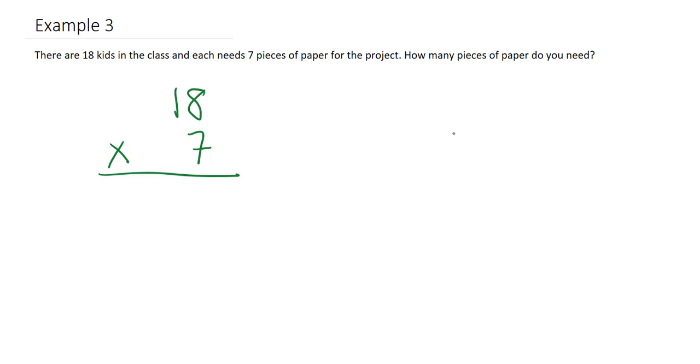So we can go 8 times 7, so that's going to be 56. You're going to put a 6 below, carry the 5. Now 7 times 1 is 7, plus 5 is 12. So that's how many pieces of paper the teacher would need.